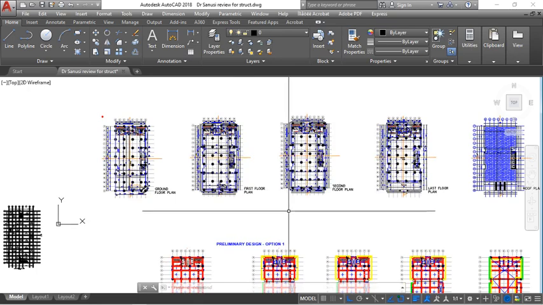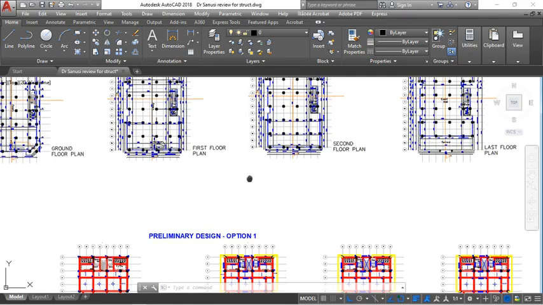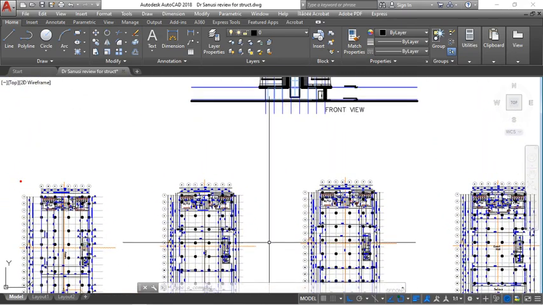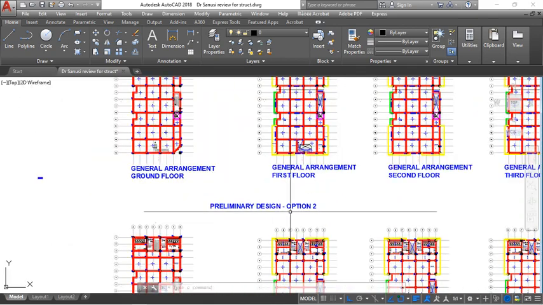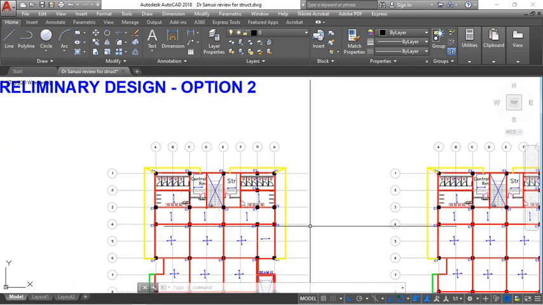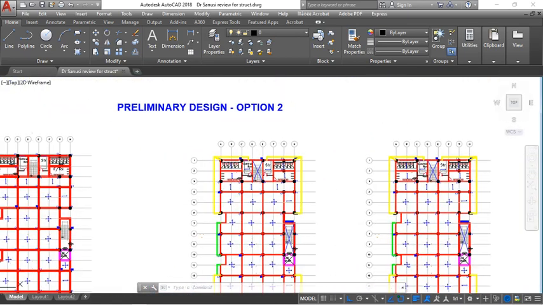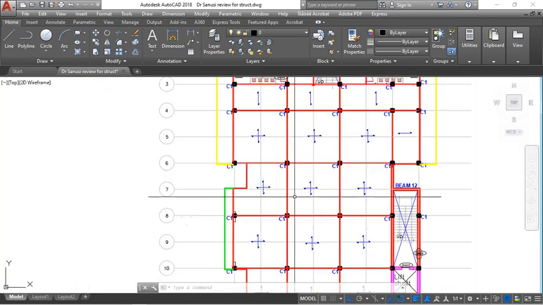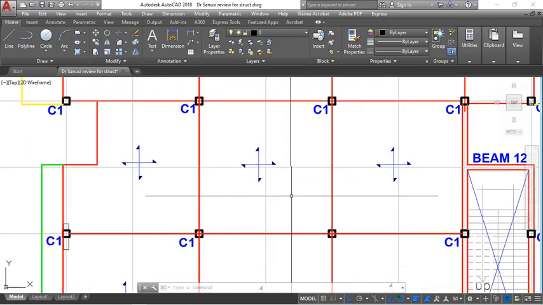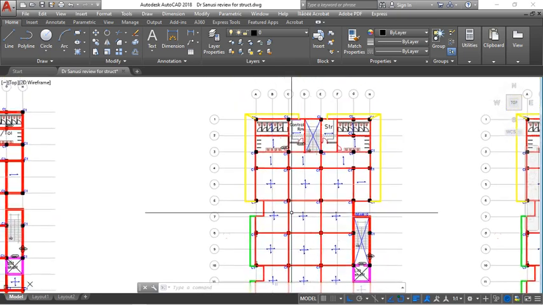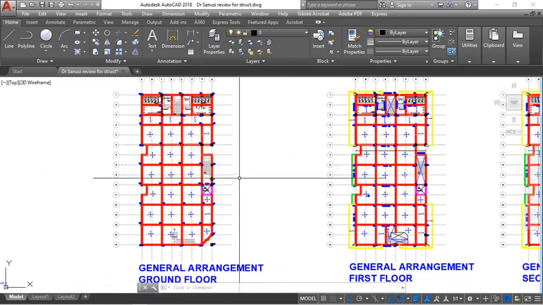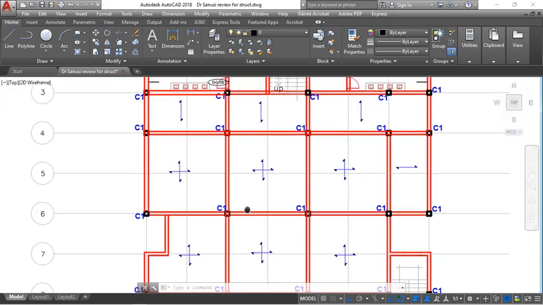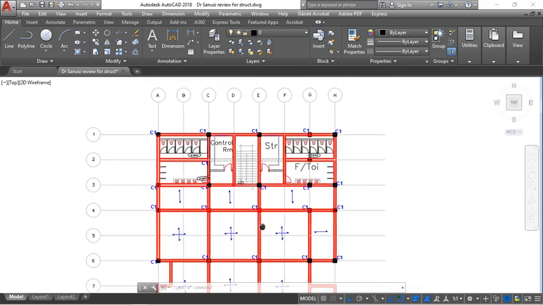Now, if it were to be in other climes where construction is standardized and equipment is readily available, then option 2 might be very viable. In option 2, I made a recommendation for flat slab construction for the floors, but in option 1 I made a recommendation for beam and slab arrangement.